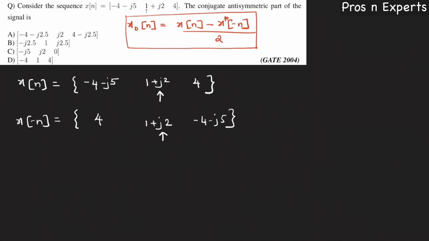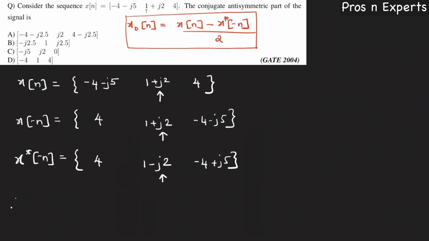So you don't just end up finding x of minus n, but we have to find x star of minus n, because we have to find the conjugate and the antisymmetric. How to find x star of minus n from x of minus n? Wherever you find the j, just put negative j on it. The first sample 4 has no j, so as such. Second sample becomes 1 minus j2 instead of 1 plus j2, and the third sample is minus 4 plus j5. So this is x star of minus n.